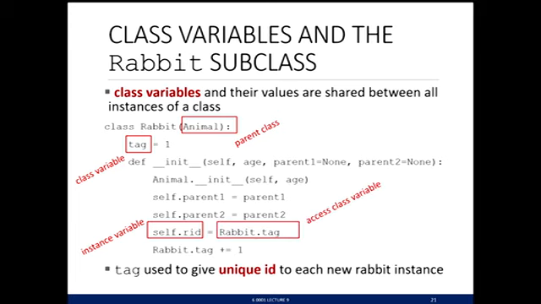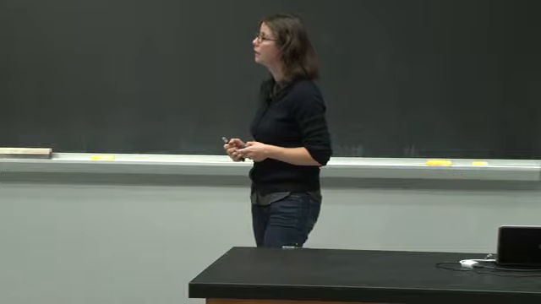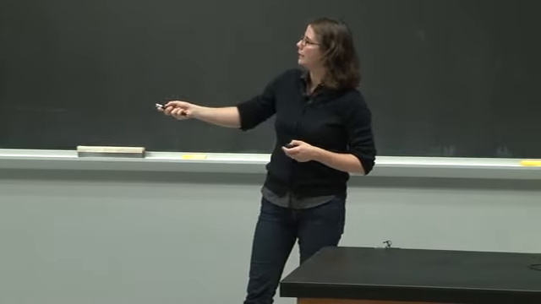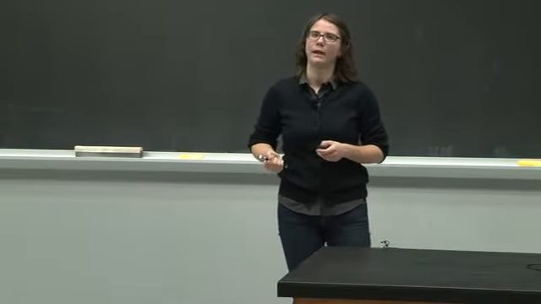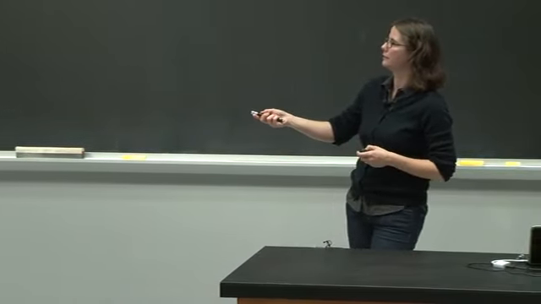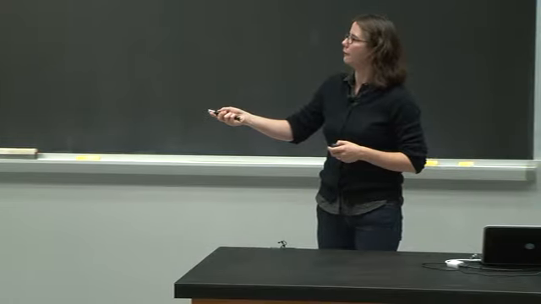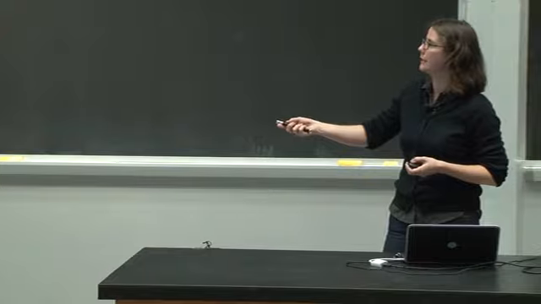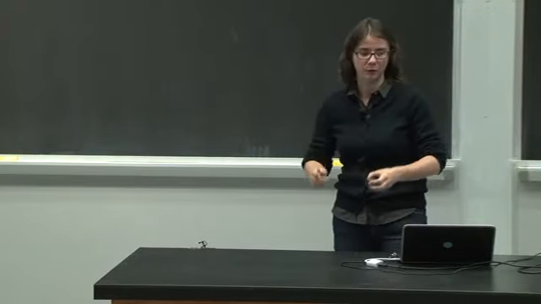I access class variables using not self, but the class name, so in this case Rabbit.tag. Initially, tag is going to be 1. Then the init is going to increment the tag by 1. So from now on, if I create any other instances, they are going to be accessing the updated value of tag instead of 1.